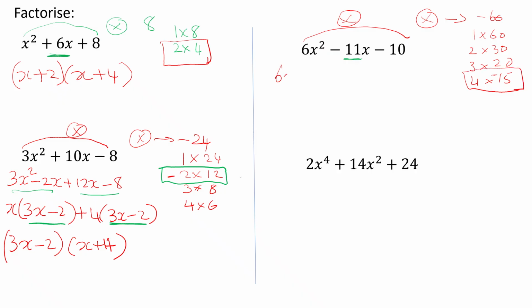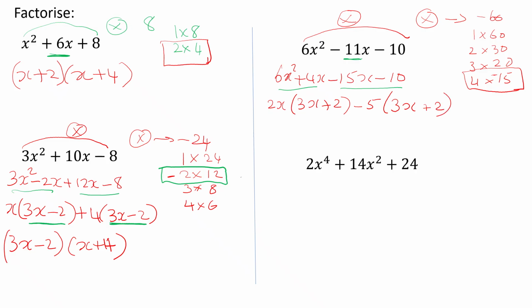So 6x squared plus 4x minus 15x minus 10. Now factorize. Take 2x out of the bracket, so 2x(3x + 2) minus 5(3x + 2).